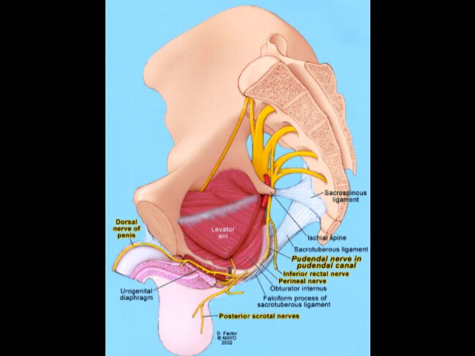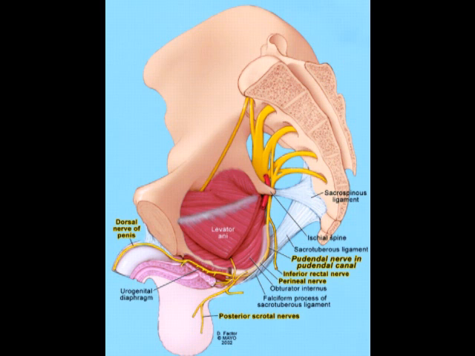That's where it all starts, basically. All the nerves start from there, and then it turns into your pudendal nerve. And you can see the sacrospinous ligament there, as well as the sacrotuberous ligament.